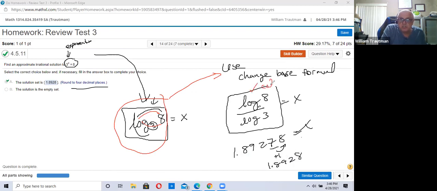Then you put it in your calculator, and you should get this. And it's multiple choice. You just have to pick the correct answer. So even if you round it wrong, you pick the closest answer. All right, that was number 14.